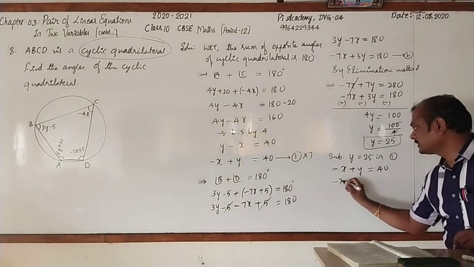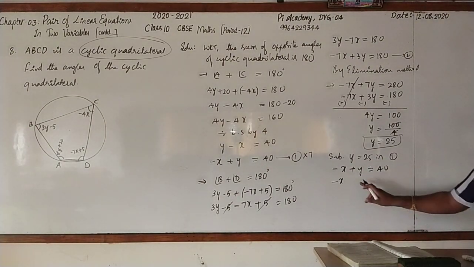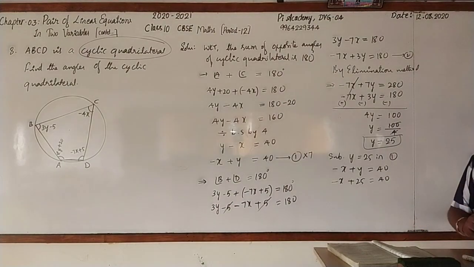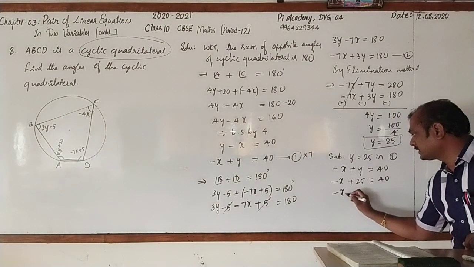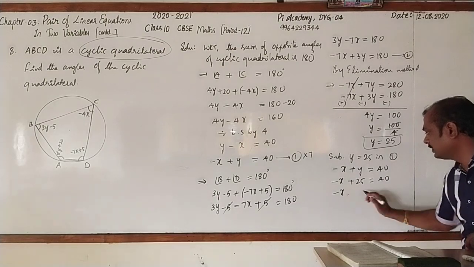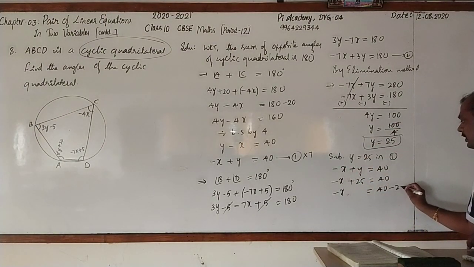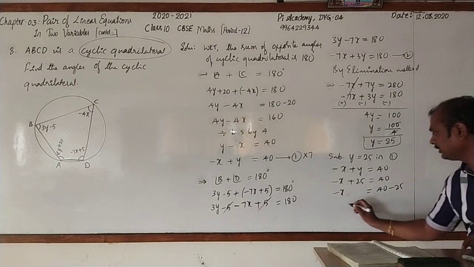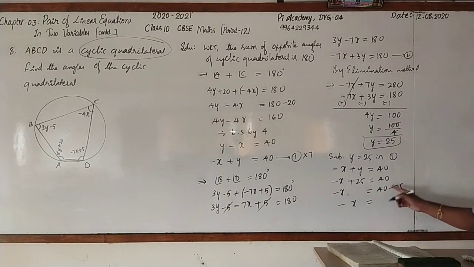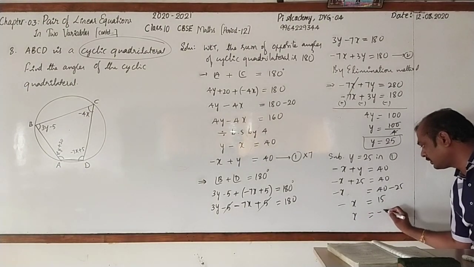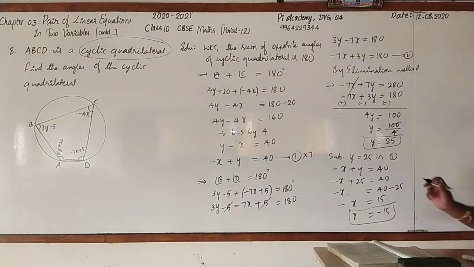Then minus x equals 40, transfer 25 to the right hand side, it becomes minus 25. Then minus x is equal to 40 minus 25, this is 15. Then x is equal to minus 15.